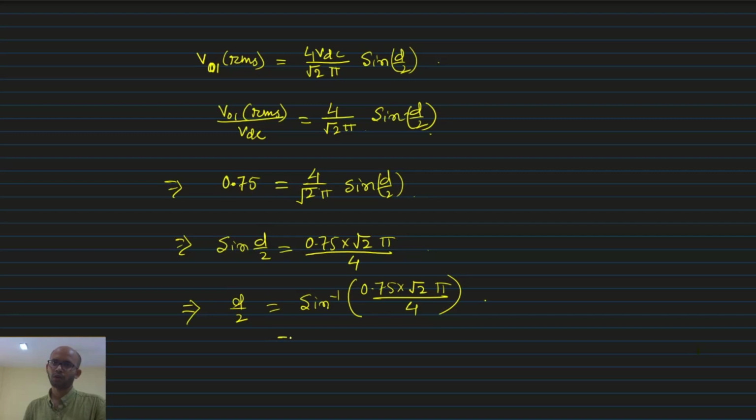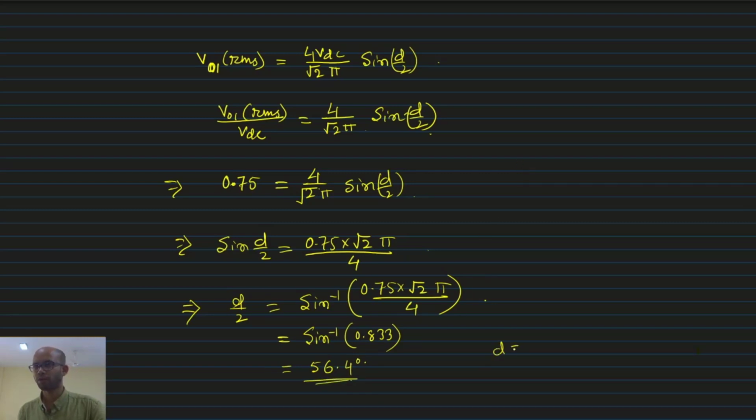Now what is the value? Let me calculate this one. We are getting sine inverse of 0.833 or so, which gives us 56.4 degree. So what is the D value?